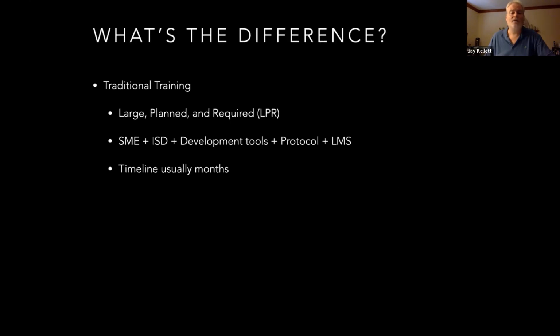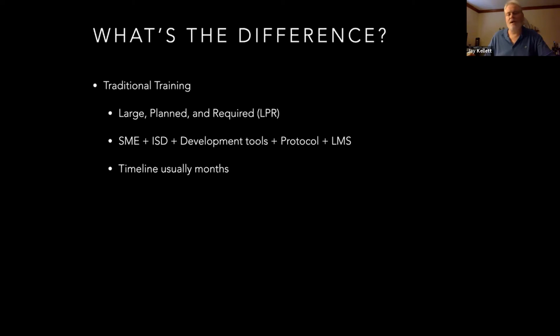So what's the difference? I like to make the distinction between large, planned, and required, which is what we're used to doing. That's the compliance training, that is the onboarding training, that is when you're dealing with a large rollout and you have time to actually build the training alongside the system you're rolling out, right? Those are large, planned, required type projects.